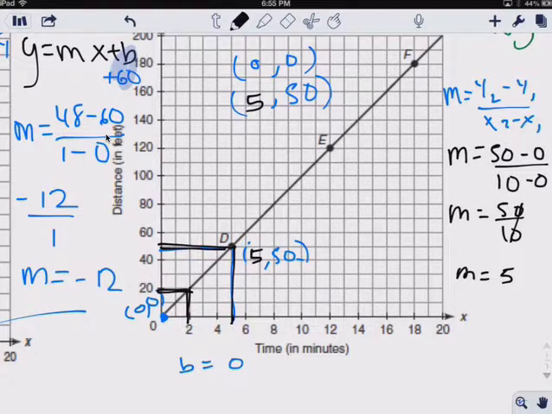I know it's wrong. Oh my goodness, 10 was right the first time, you guys. I tell you, you're frustrated with me, I'm frustrated with myself worse. My slope is 10. So you need to know, when your answer doesn't look right, to check back. Slope is very important. Slope is 10.